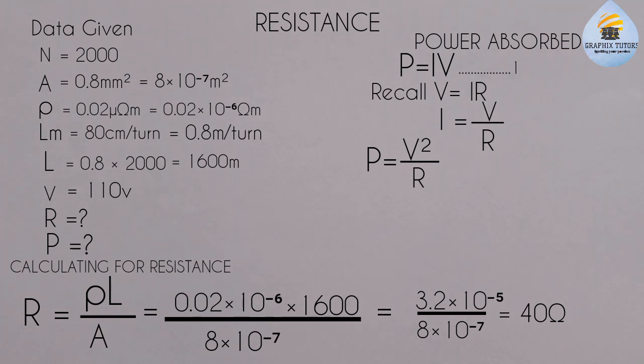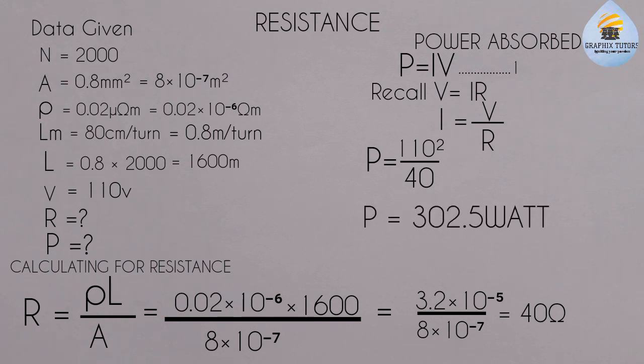So the power will be equal to 110 squared all over the resistance, which is 40. When you divide 110 squared by 40, you'll be having 302.5 watts, because power is measured in watts, or you say joules per second.